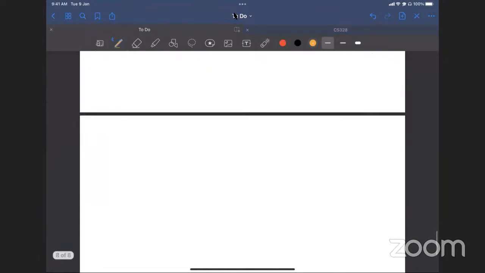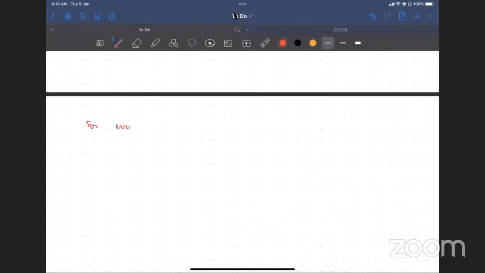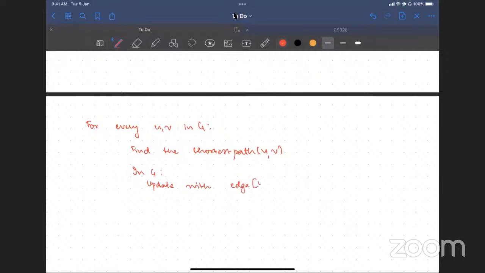So basically we are trying to build, so I'll just write here, for every u and v in G, find the shortest path from u to v in G, and update the edge of u to v as the cost of u into shortest path, and the edge of v to u is equal to the cost of v into shortest path.